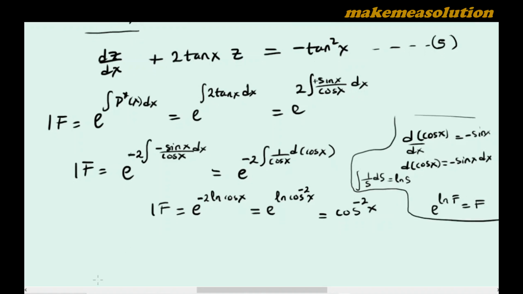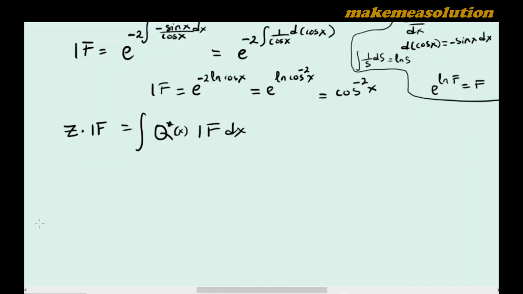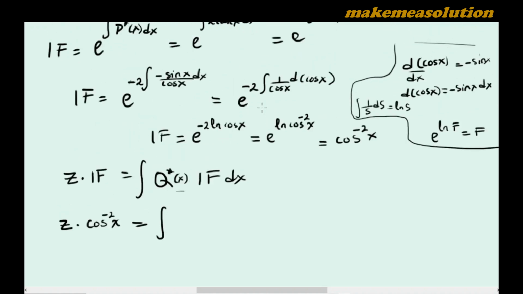Now that we've gotten the integrating factor, you now want to say that z multiplied by the integrating factor is equal to the integral of your augmented q of x times the integrating factor dx. So having gotten up to this point, you now get z multiplied by cos to the negative 2 of x is equal to the integral of our augmented q of x, according to equation 5.